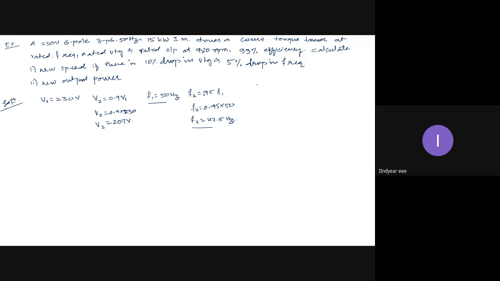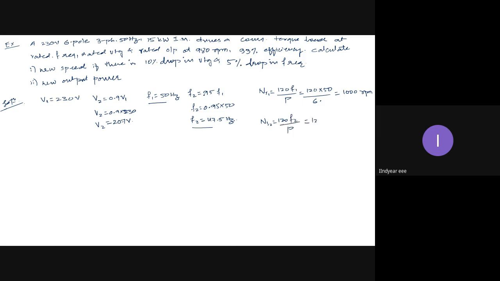Therefore, NS1 is equal to 120 F1 upon P, equal to 120 into 50 upon 6, which is equal to 1000 RPM. Then NS2 is equal to 120 F2 upon P, the number of poles being the same.